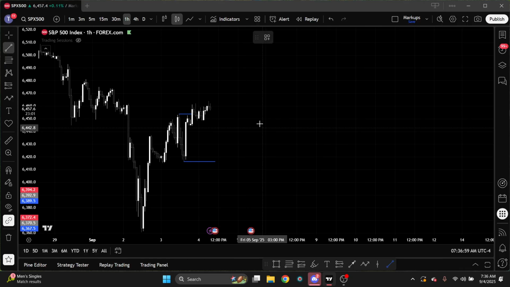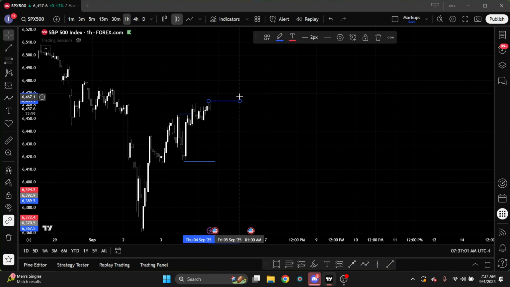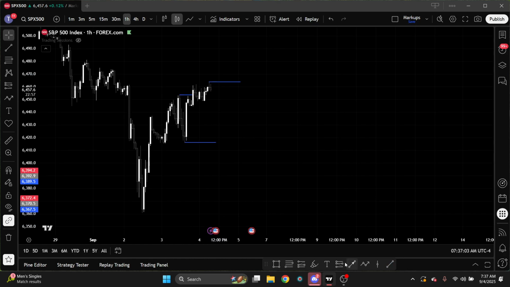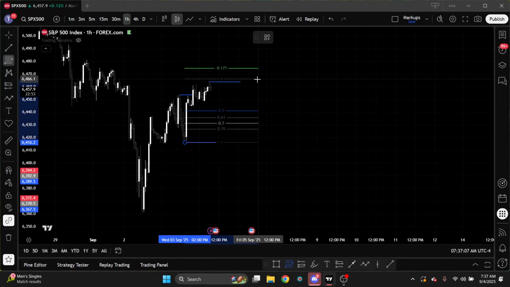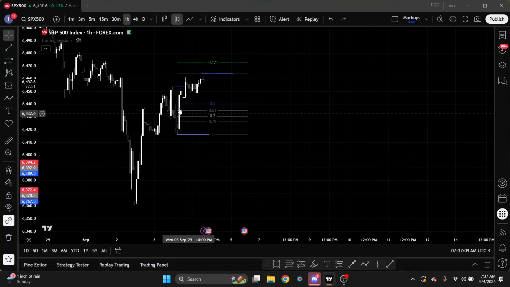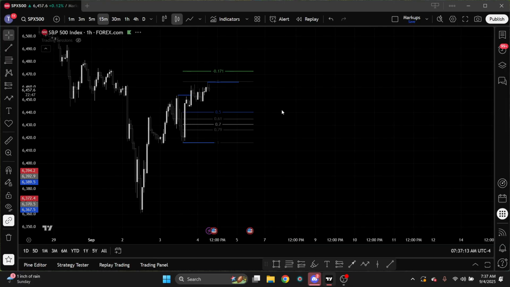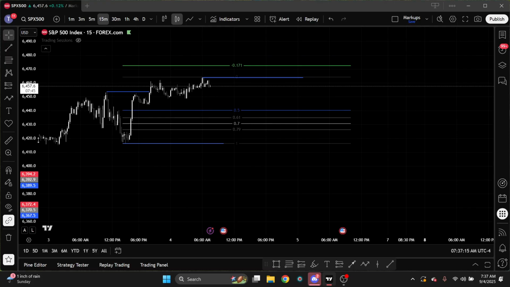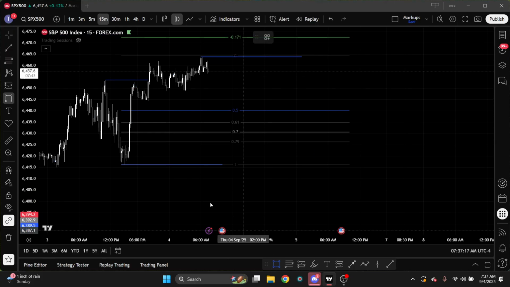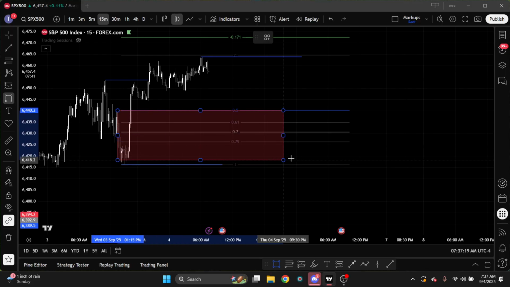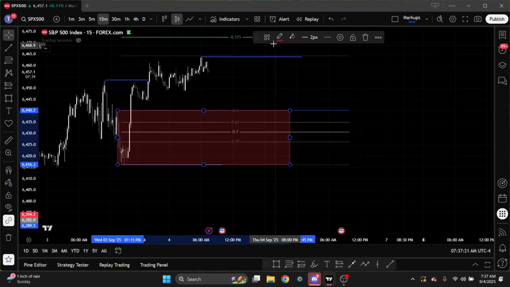You know, you can say our highs up here. So what I'm expecting is for price to make a retracement back down at least to this 0.5 level. Some type of reaction, except in this order flow.